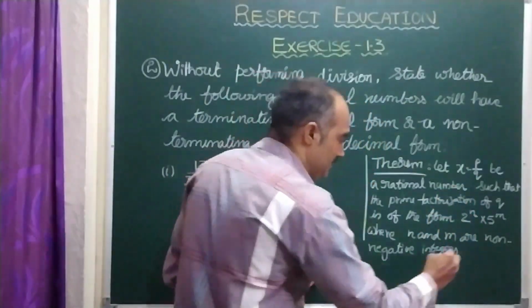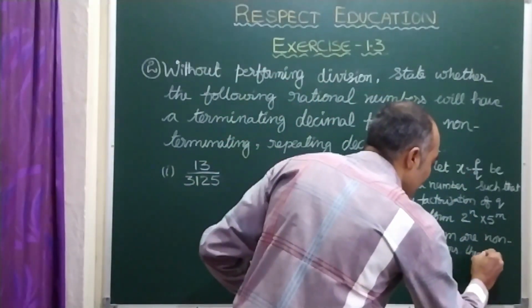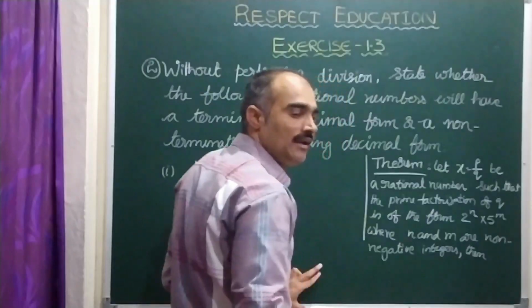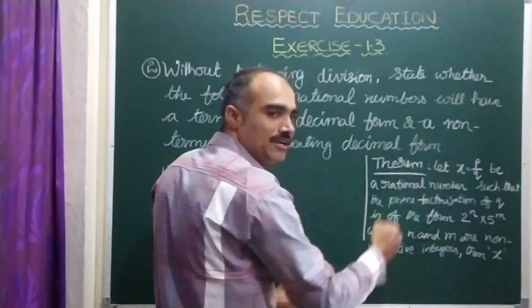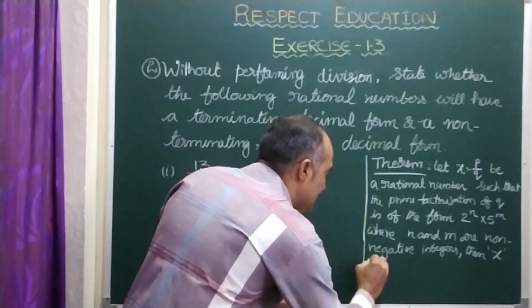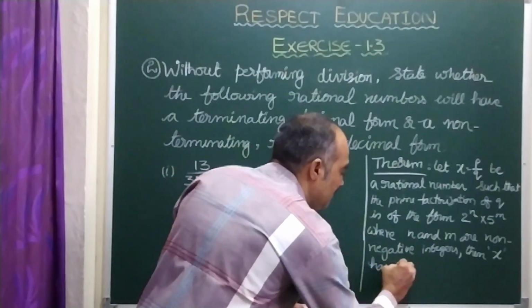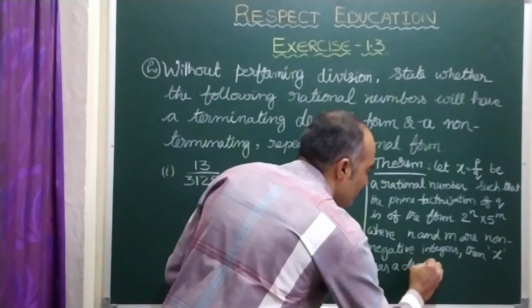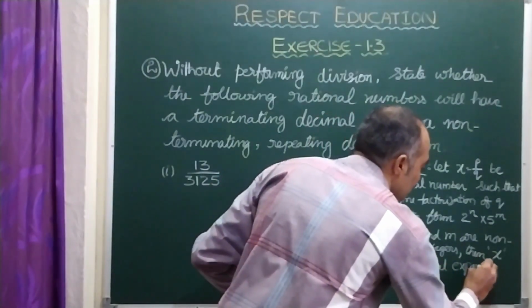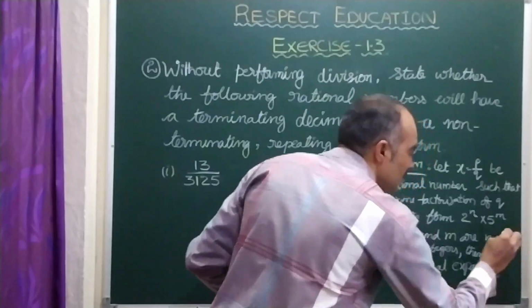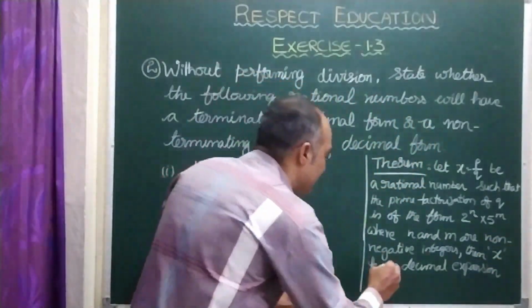Then x, which means here p by q, has a decimal expansion which is terminating.